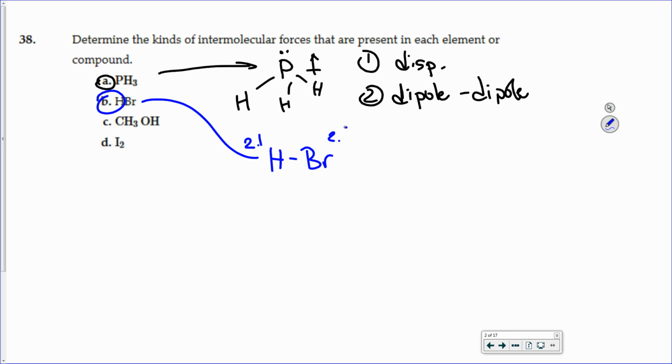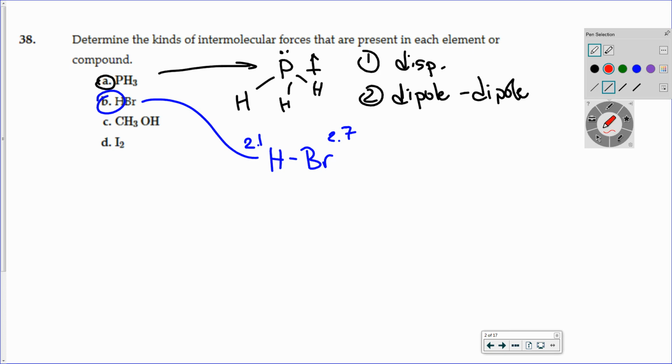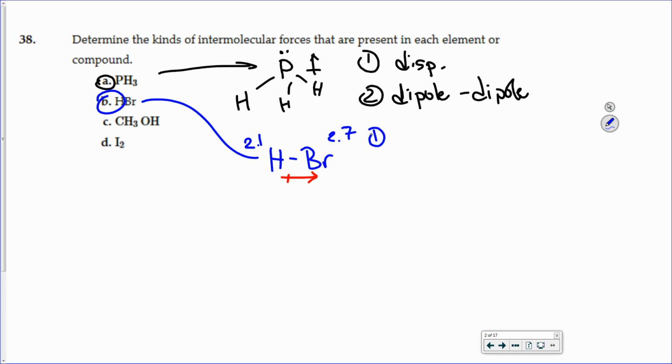It's maybe 2.7, 2.8, something like that. That means there's going to be a charge separation. There's going to be a dipole in this compound. So that one's going to have dispersion forces as well as dipole-dipole. Can it H bond? No, because it doesn't have a nitrogen, oxygen, or fluorine. Okay.